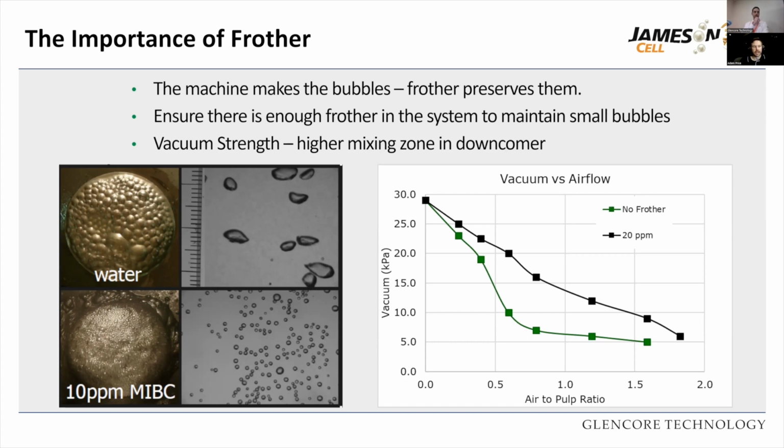So not only obviously important for basically any Jameson cell operating, but particularly the situations where air is going to be pushed to the higher limits. And this will create a scenario where, as I said, you're holding that vacuum for longer, and you're not at risk of transferring that mixing zone, which we talked about earlier, into the tank.